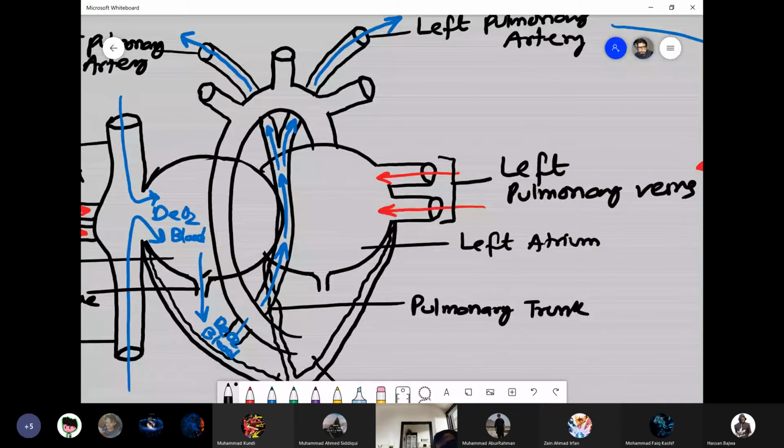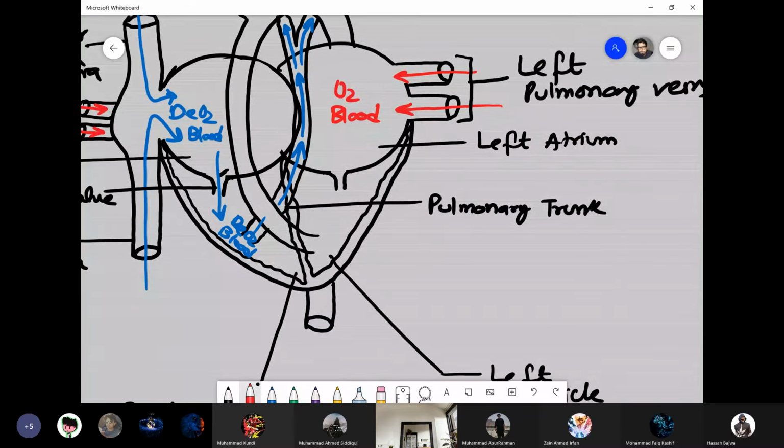Now what has happened is that the oxygenated blood has entered into the left atrium. Now this left atrium will contract, and the oxygenated blood will pass through this valve which is called the bicuspid valve.